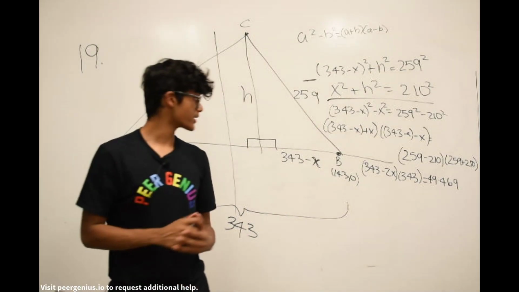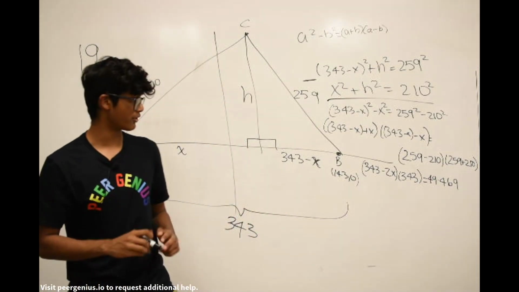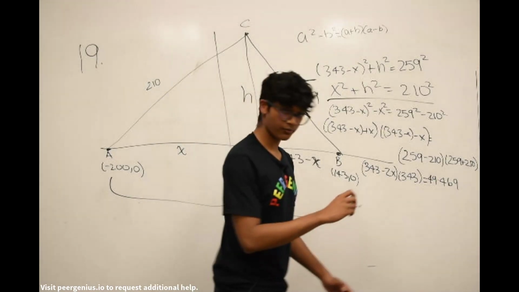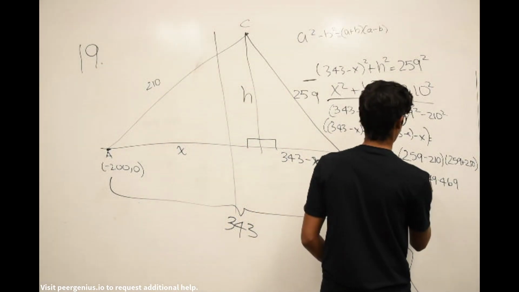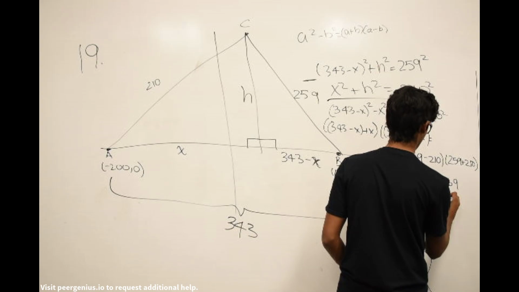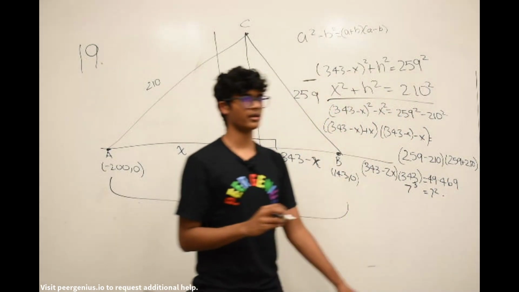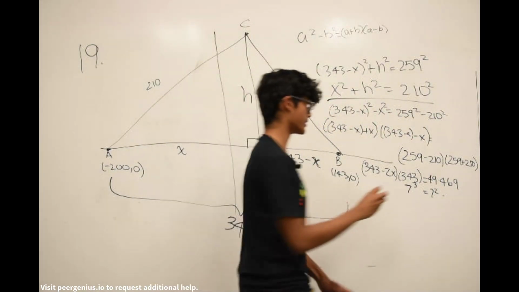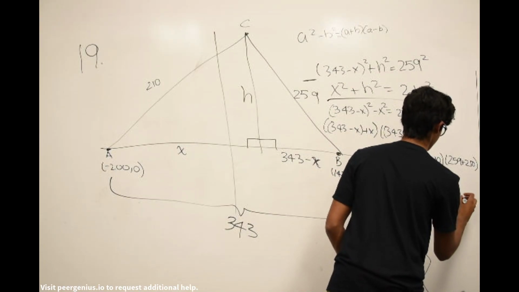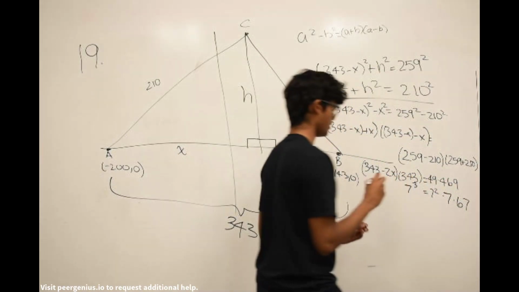343 minus 2x equals the right-hand side divided by 343. 343 is 7 cubed, 49 is 7 squared, and you can factor 469 as 7 times 67.